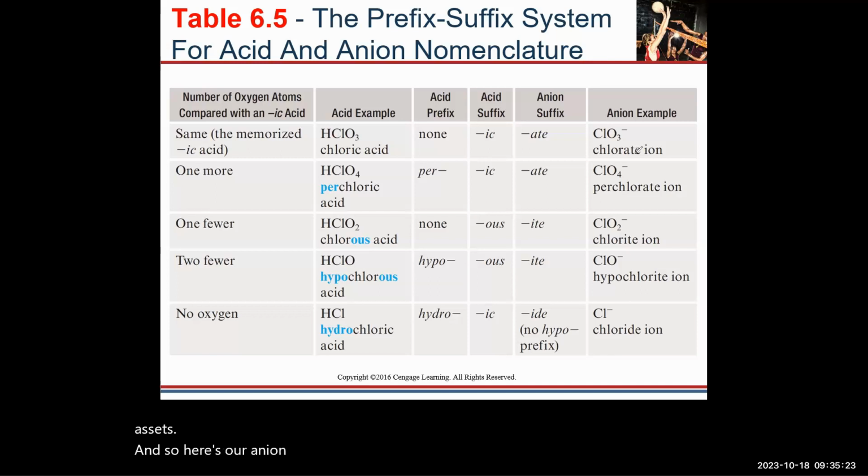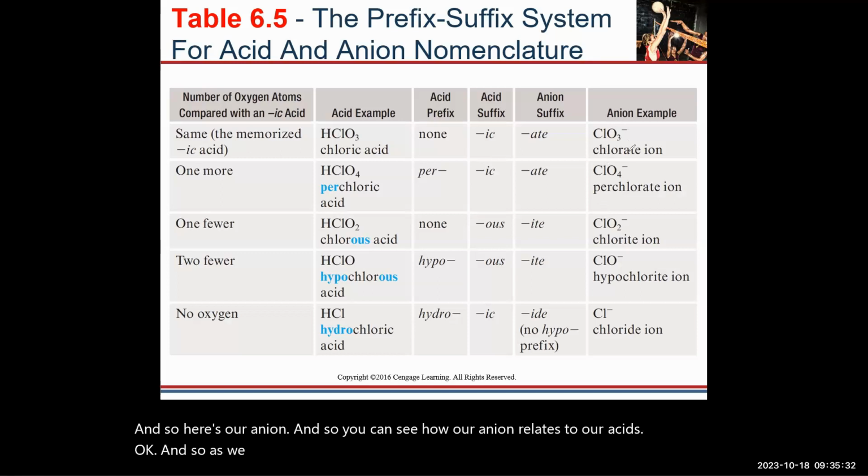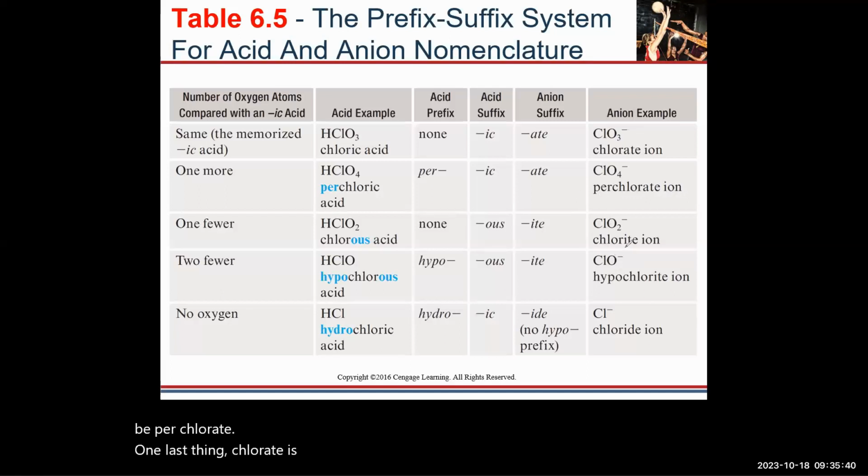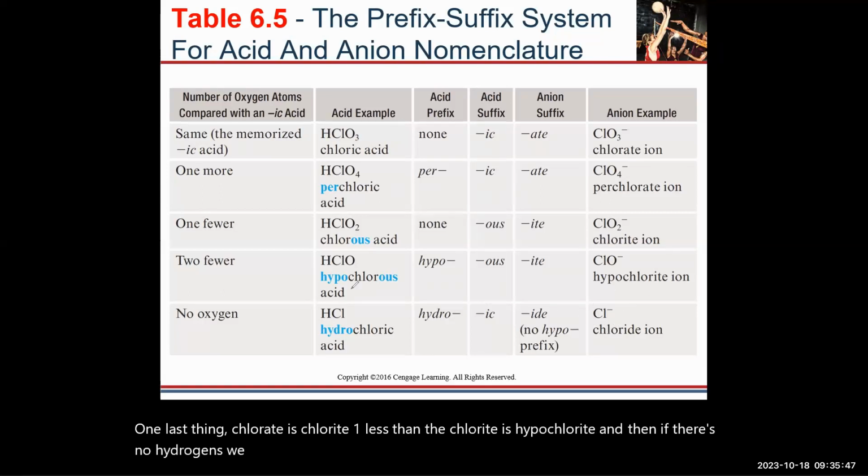So you can see how our anion relates to our acids. As we drop down, this would be chlorate. One more than chlorate would be perchlorate. One less than chlorate is chlorite. One less than chlorite is hypochlorite. And then if there's no oxygens, we call it chloride.